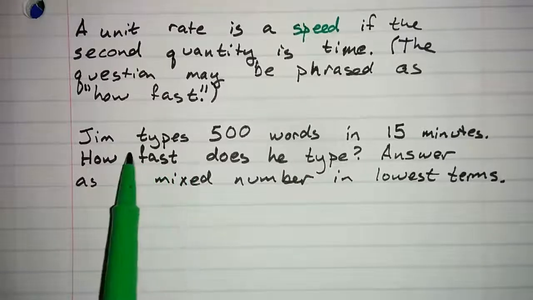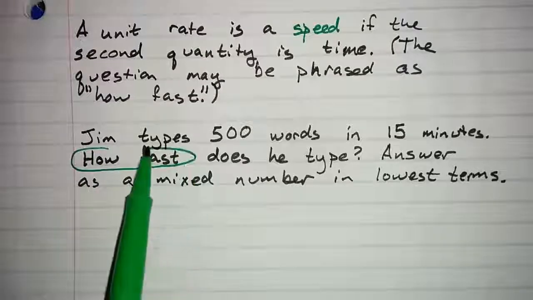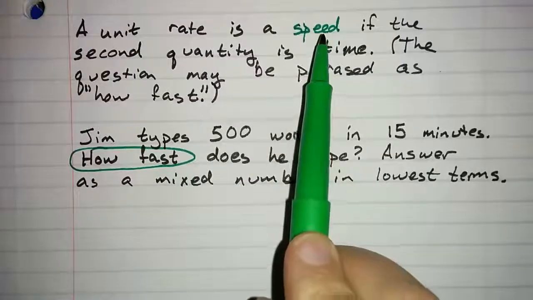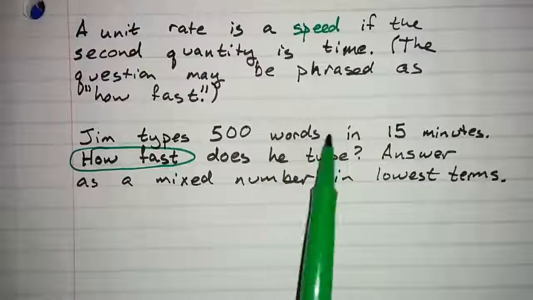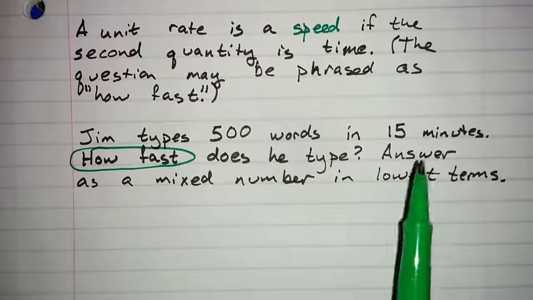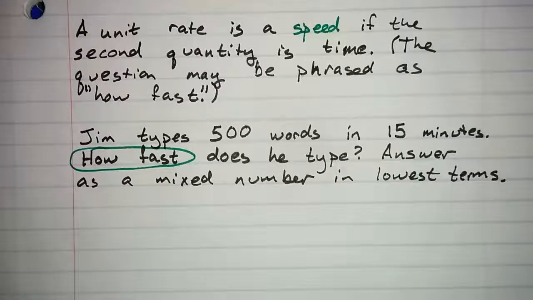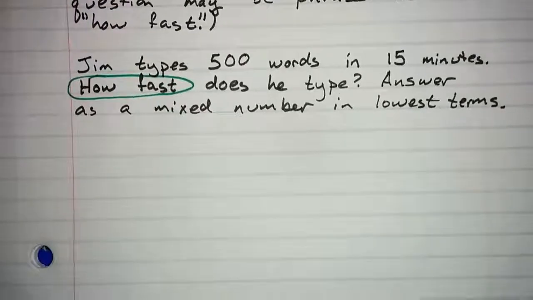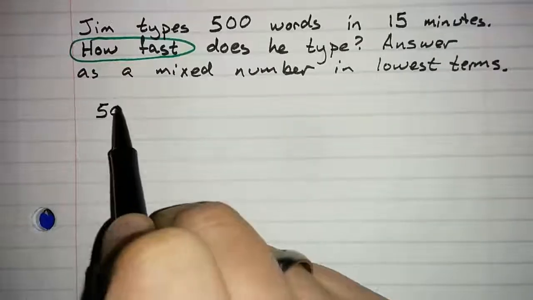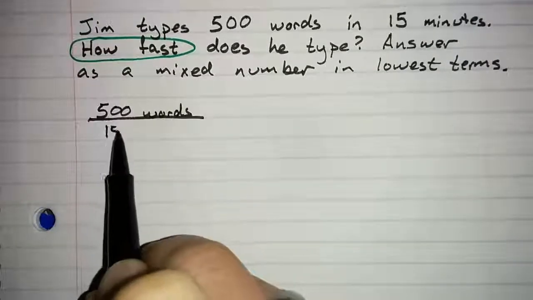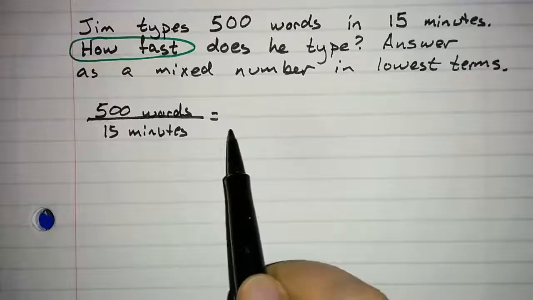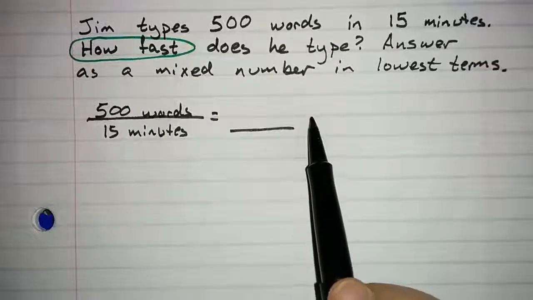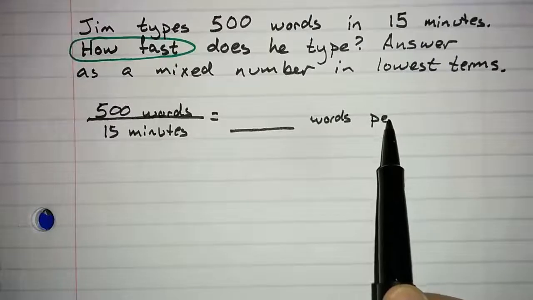Again, this phrase, how fast, tells us that we're looking for a speed. So no matter what order they're set in, we want to take 15 minutes to be the second quantity. So we'll have 500 words over 15 minutes. Going to be some number, first unit, words per minute.